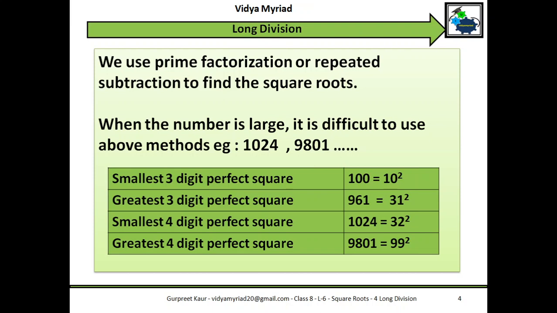So 31 square is the greatest 3 digit perfect square, and 1024, which is 32 square, becomes the smallest 4 digit perfect square. And similarly, 99 square is the greatest 4 digit perfect square, 9801.